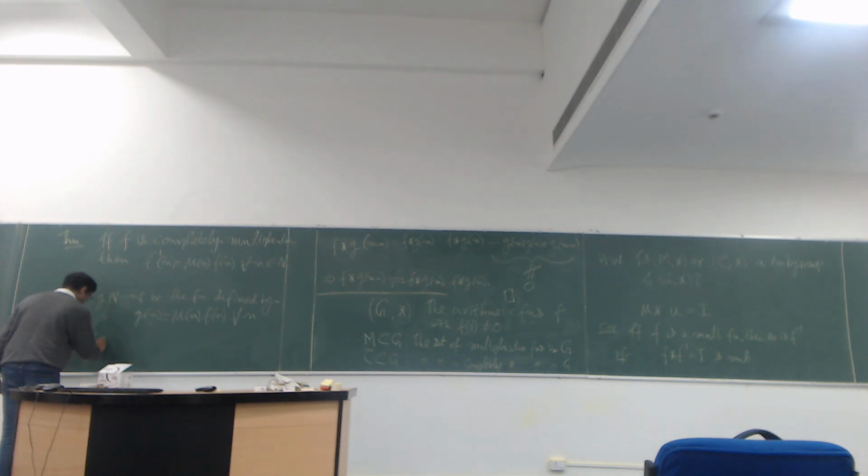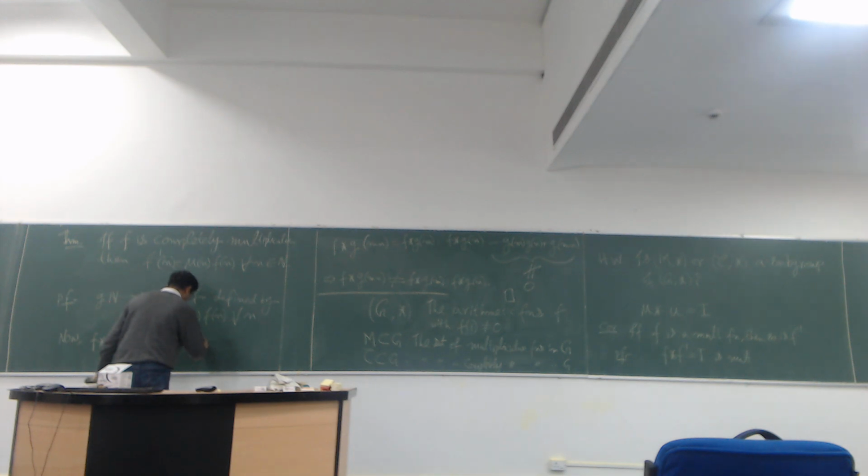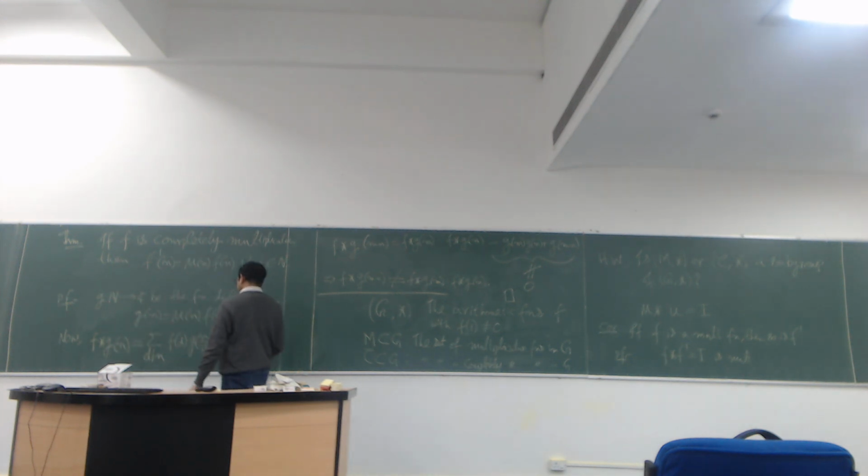f star g at n, by definition, is the sum over all the divisors d of n of g(d) f(n/d).